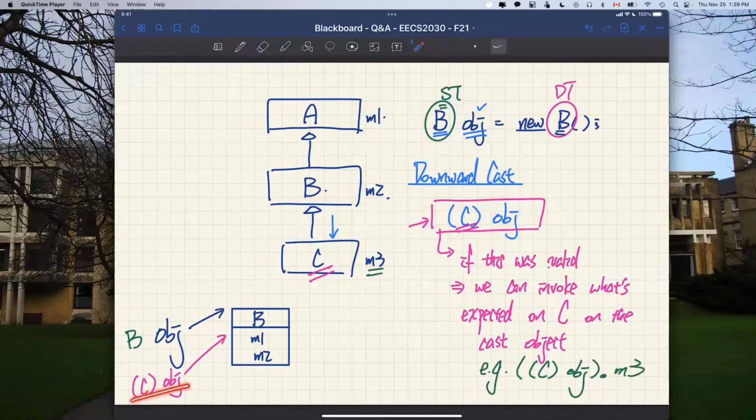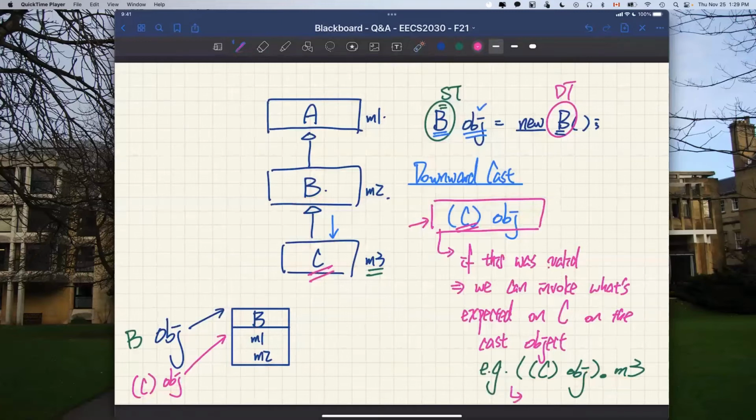Do we have N3 on this dynamic type B? We don't, because N3 only exists in the descendant class of the dynamic type. So that's why it cannot be allowed. Are you okay so far? Yeah. Good. Okay. And then I'll go back to your upward casting.